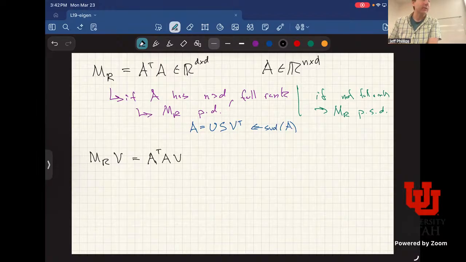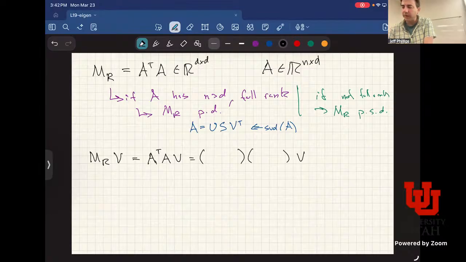Remember, M R was A transpose A, times V, so I can do this, right? And now I can expand A transpose. I'm going to expand A as the SVD.